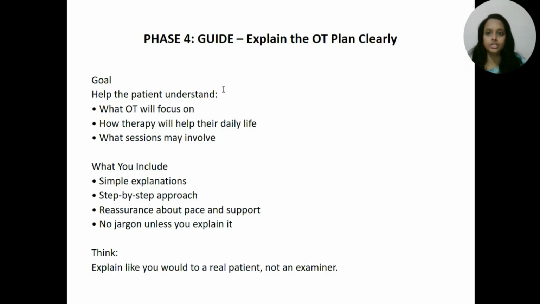You can include simple explanations, a step-by-step approach, and provide reassurance about the pace and support. You're not supposed to use medical jargon unless you explain it clearly. Got it? Explain like you would to a real patient, not an examiner.